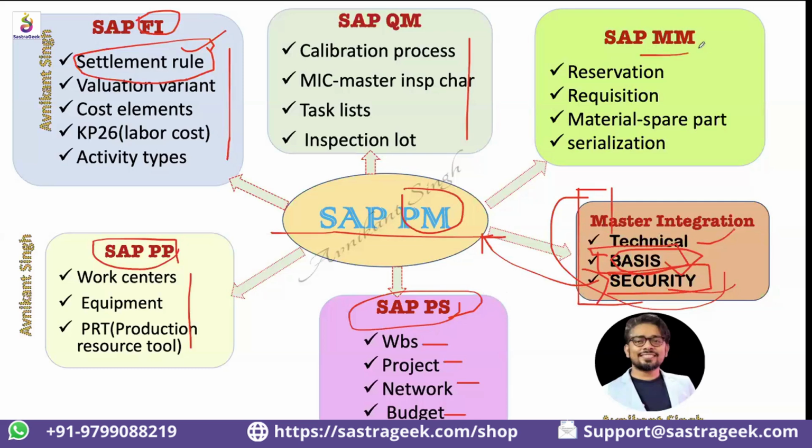Then definitely PM is very tightly integrated with MM. Every PM consultant, I can say, must have an understanding of MM, because you reserve the stock items. You put up a purchase requisition for any spare part that is not available in the warehouse or our inventory system.